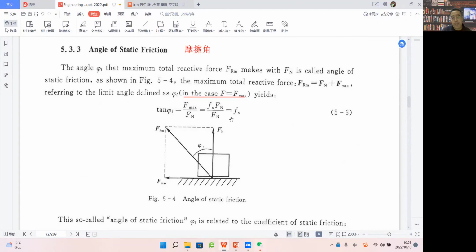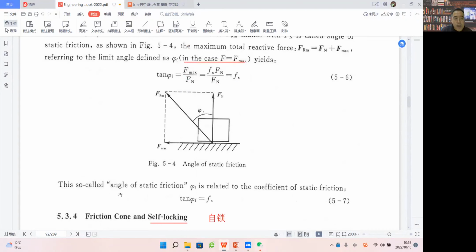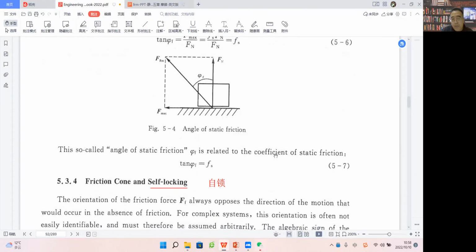Actually, I have mentioned this before. The so-called angle of static friction phi F is only related to the coefficient of static friction because we have this.